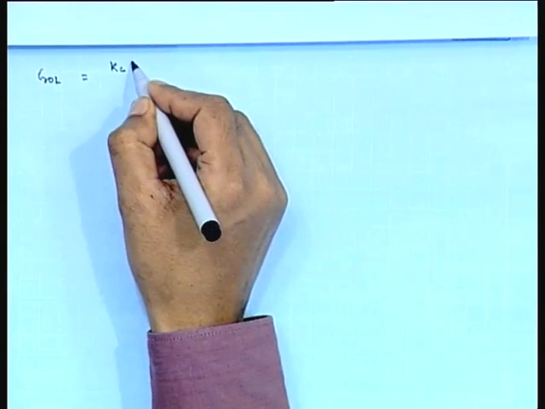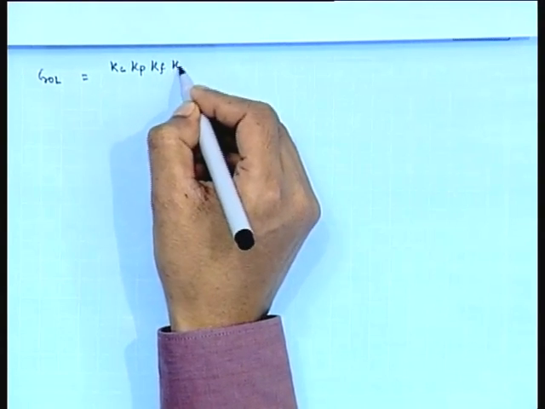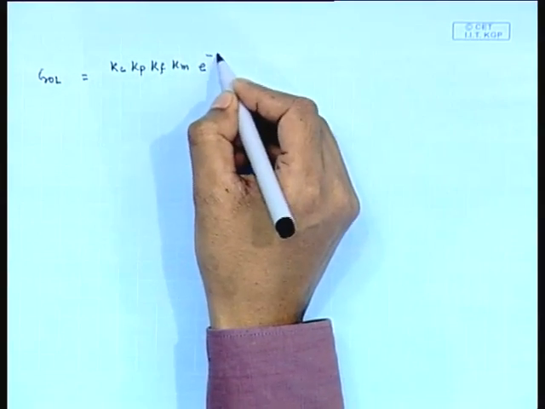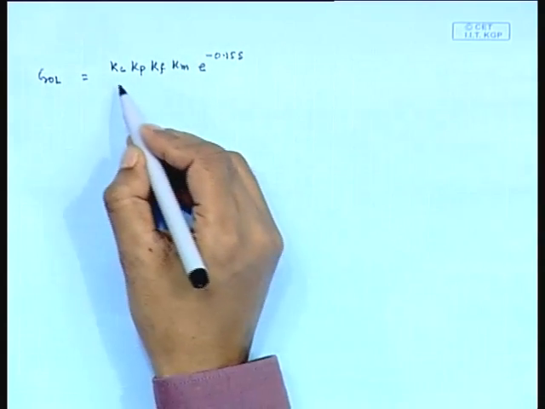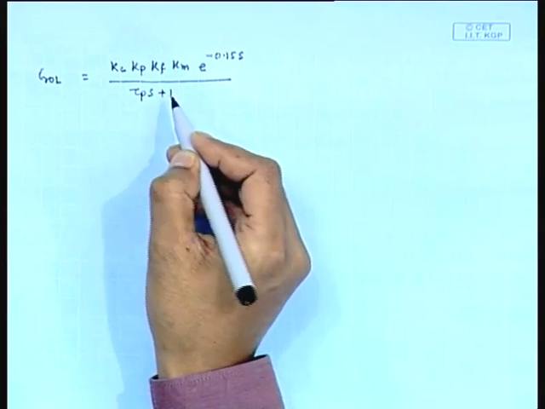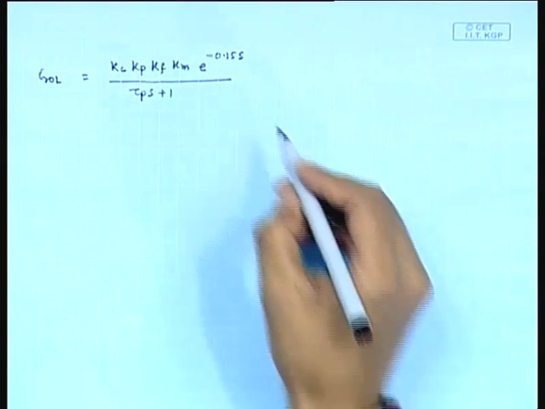Kc Kp Kf Km exponential minus 0.15 s divided by tau Ps plus 1. This is the open loop transfer function.